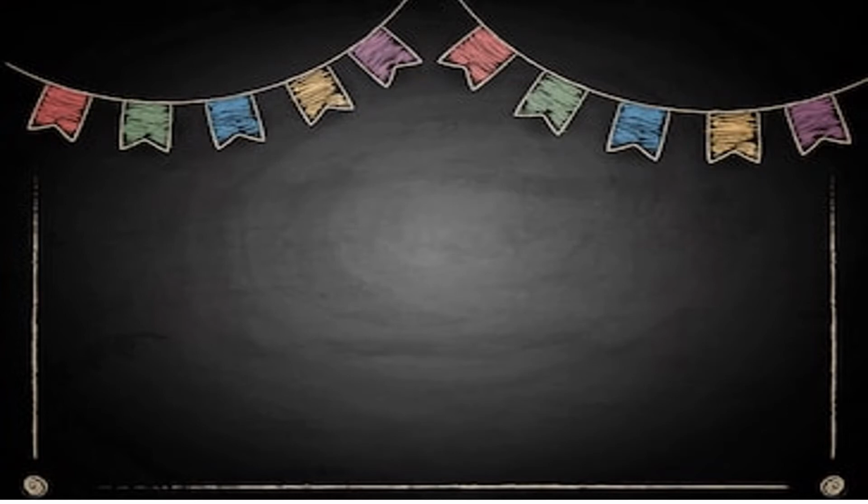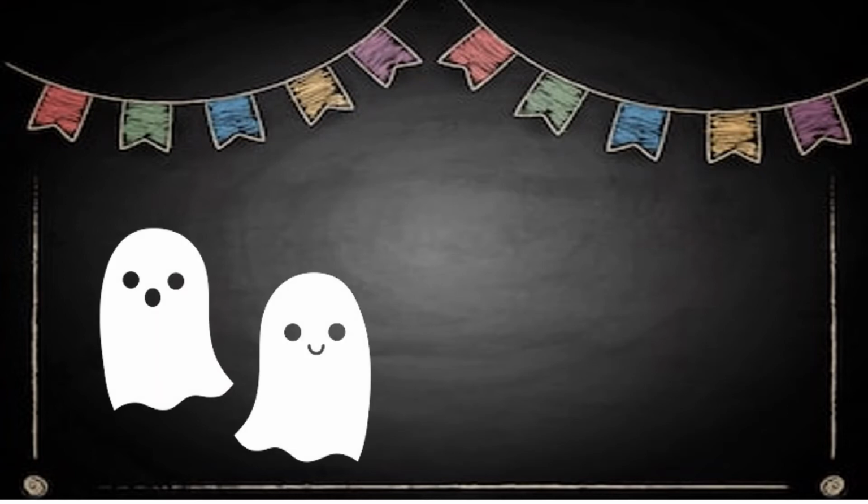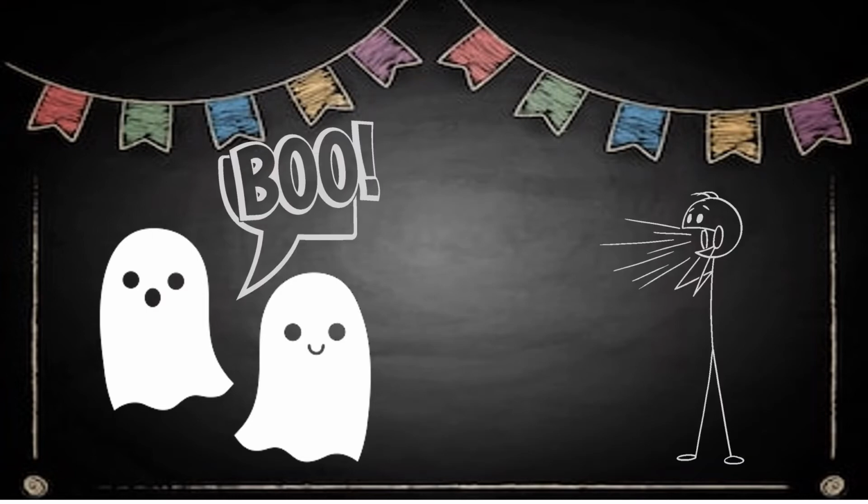Let's pretend that there's a ghost. And when this little ghost sneaks up and says boo, we shout the A sound. The same thing happens with sneaky E. Sneaky E doesn't make a sound.